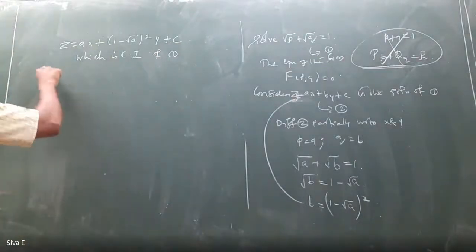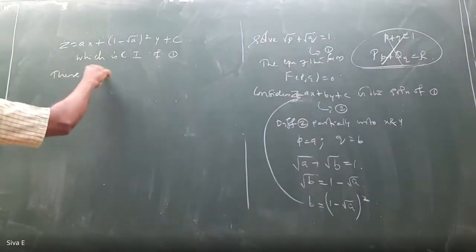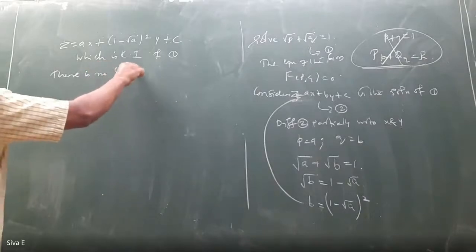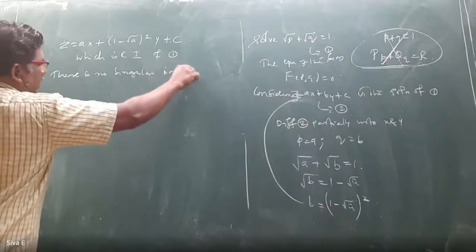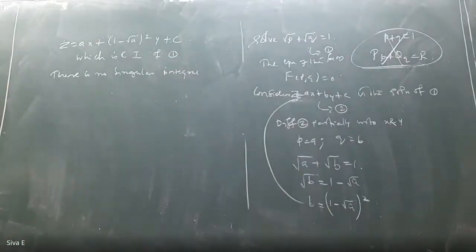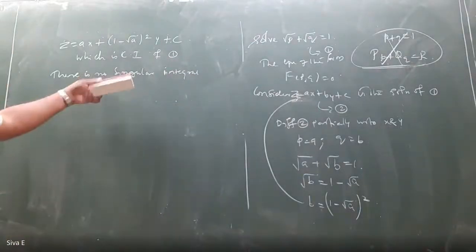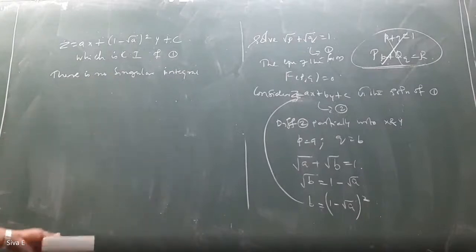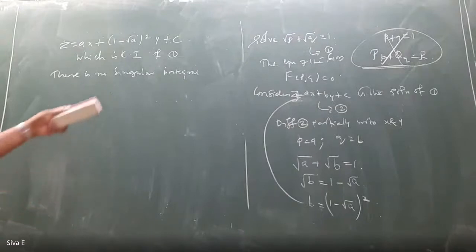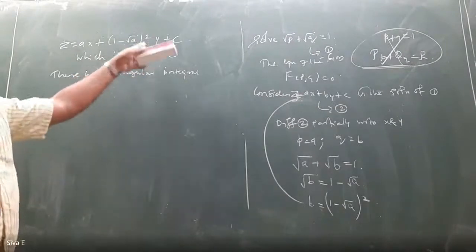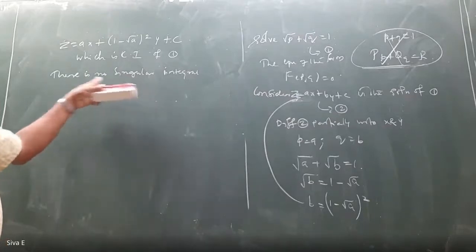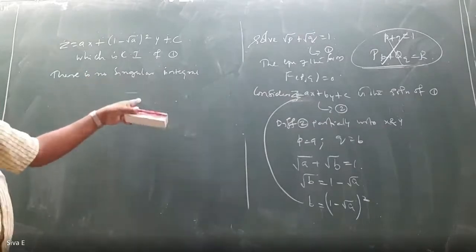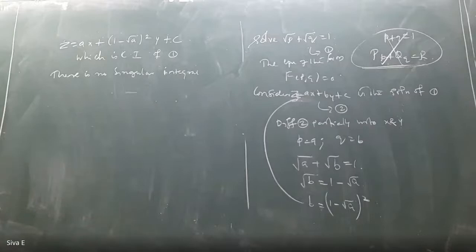And then there is no singular integral. Directly I am writing that there is no singular integral, but you have to differentiate with respect to a and c. When you differentiate with respect to c, you will get 1 equal to 0. That is not possible, so the singular integral does not exist.